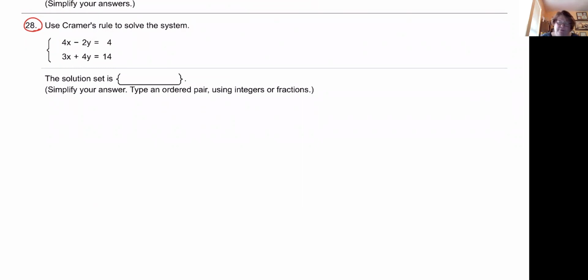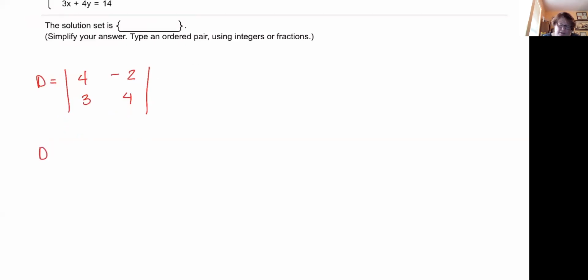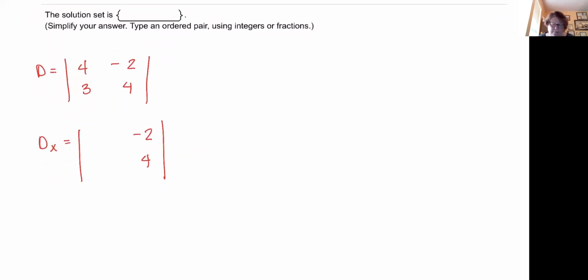Right, Cramer's rule, we need to find 3 determinants. The first determinant we need to find is the determinant of the matrix formed by the coefficients on x and y. The second determinant we need to find is the determinant formed by replacing the x column, the first column, with our constants, 4, 14.